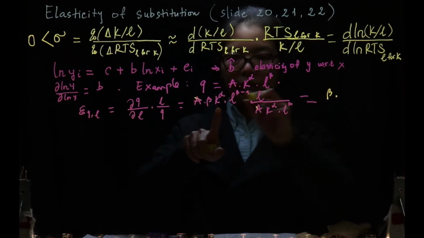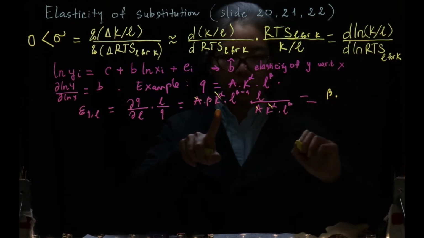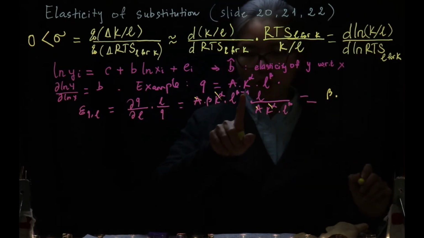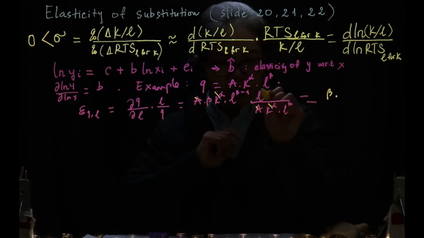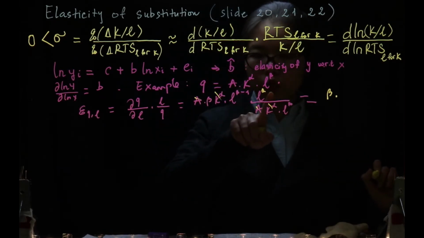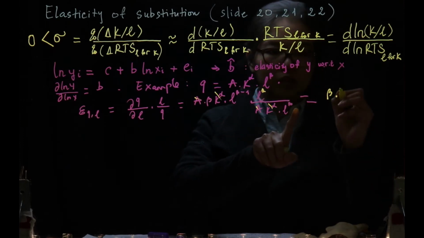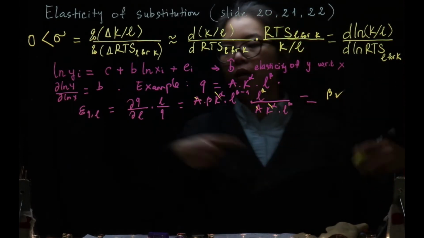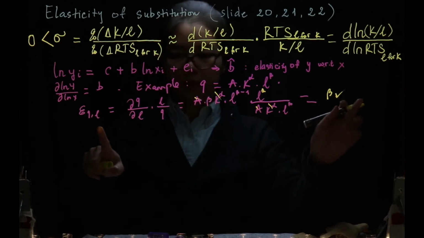K to the power of alpha cancels, gone. L to the power of beta minus 1 times L means to the power of 1, so beta minus 1 plus 1 is beta, and in the denominator you have L to the beta, so it's gone. So the elasticity of output with respect to L is beta.